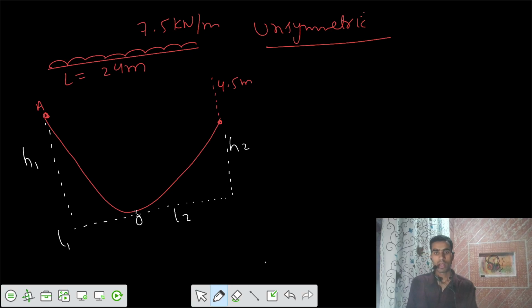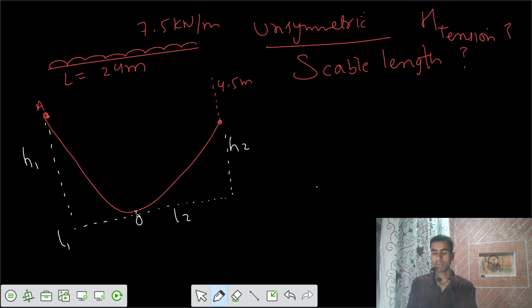Now what we need to get is the cable length S. We have a horizontal length of 24, and we need the cable length S and the horizontal tension H. Can we write S is equal to L times 1 plus 8 by 3 S square by L square?